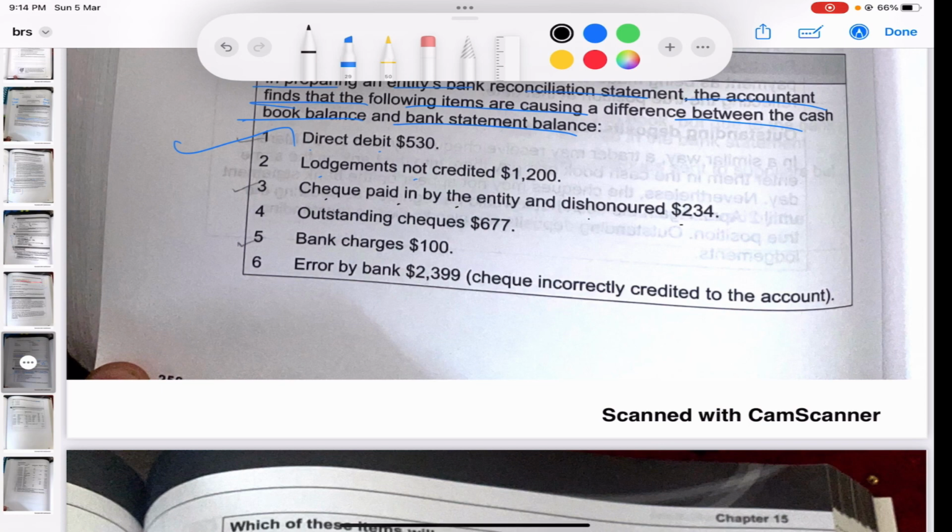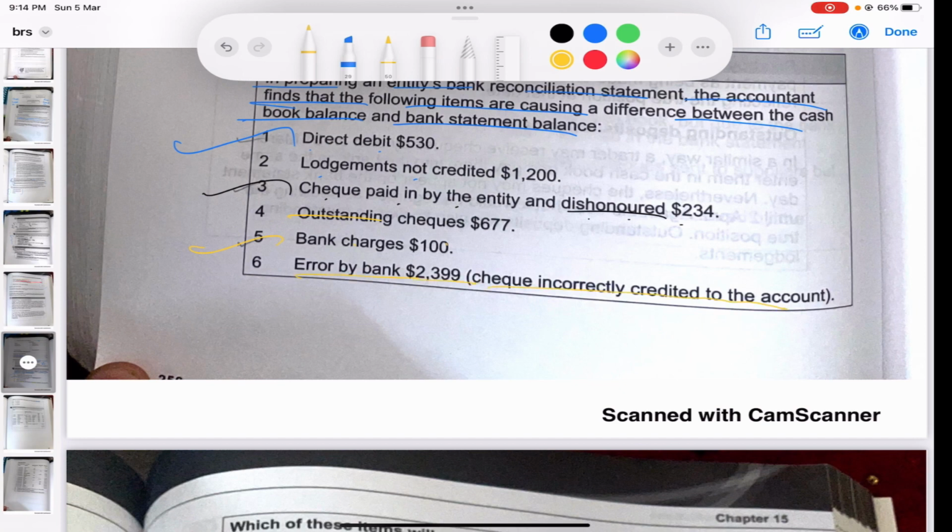It's your duty to check every day and see, did it get dishonored? And you need to reconcile that. Outstanding checks, that is the bank's mistake. Bank charges 100. The bank charged 100 rupees. It is my duty to check every day and see what transactions I have missed. So this also comes in.